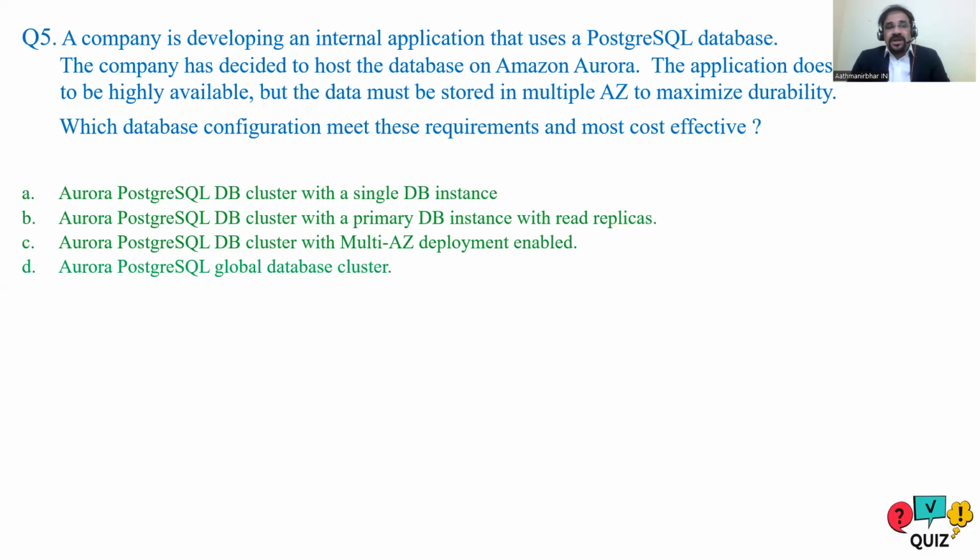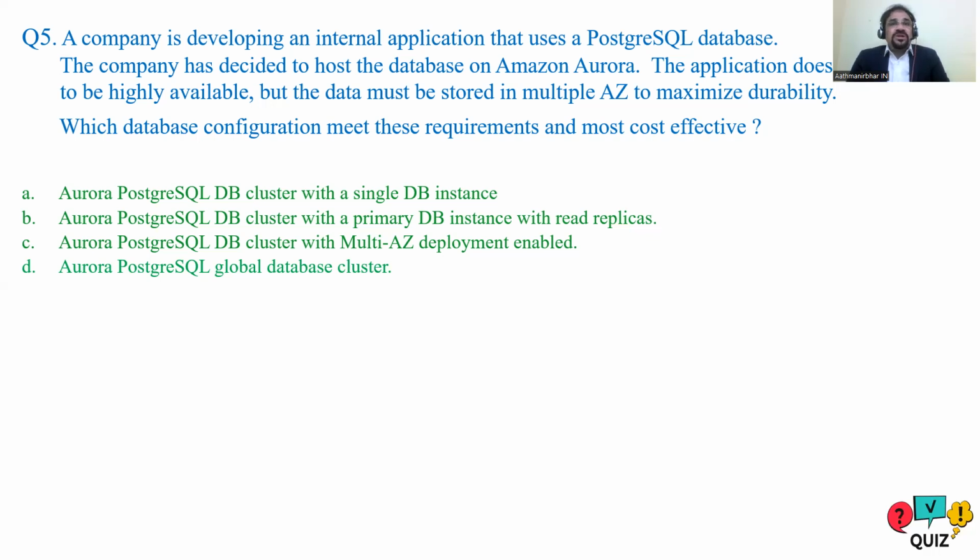Next is option B, a PostgreSQL database cluster with a primary database instance with read replicas. So here, how does it work? It supports our requirement of high availability, but the data replication happens within the same availability zone. So if the availability zone data center fails, then whatever data is stored in that availability zone would be lost.